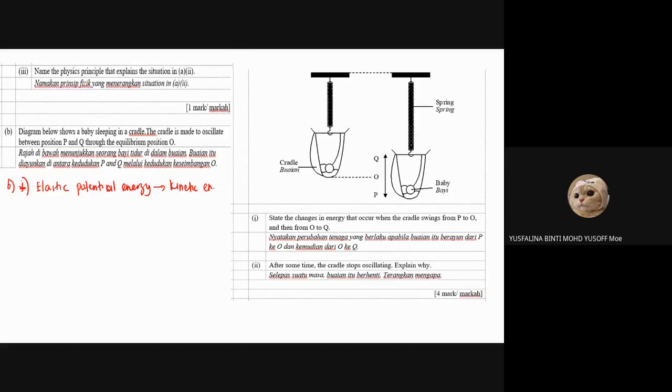And then again it goes back to Q, so you have to change again. From Q to O is elastic, goes to kinetic, and then go back to Q, back to elastic potential energy. Yes, very good. You can just use the arrow also. So, 1 mark.